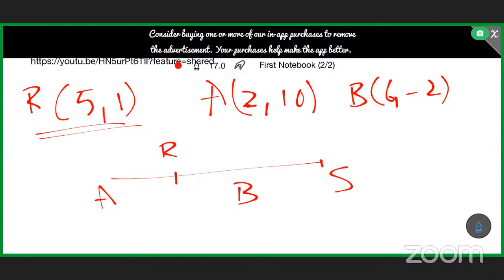Ten comma minus 2, minus 12, sir. So what is the value of K? 3, minus 3, sir. 3, yes, sir. How much?